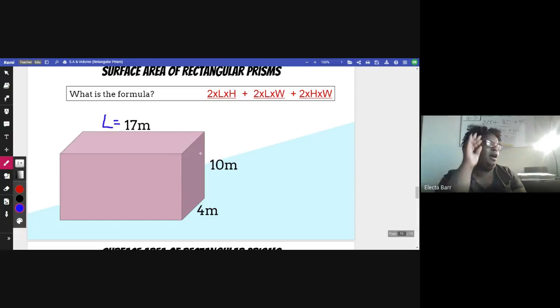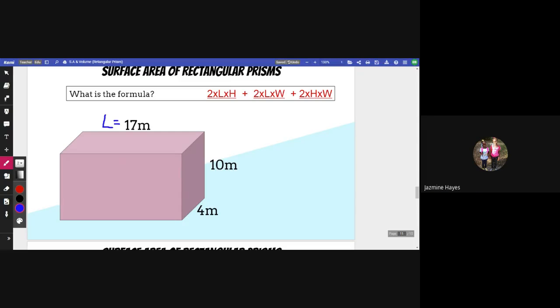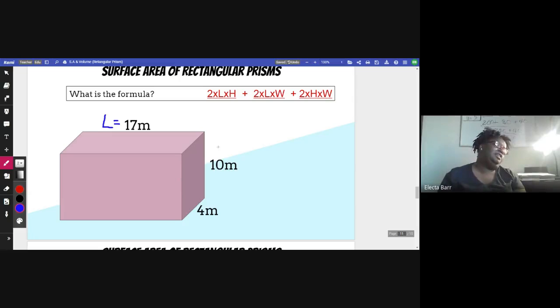Jasmine, how tall is the prism? 10 meters. And then Dallas, how wide is the prism? 4. 4, perfect. So just making sure we're all good on identifying the length, width, and height. We've got 17, 10, and 4.